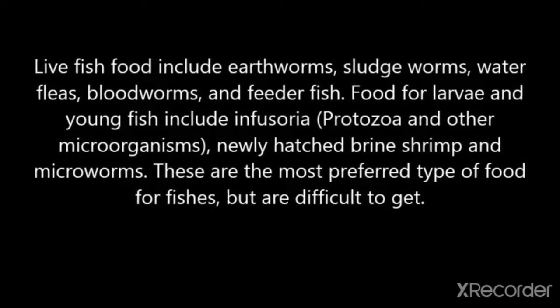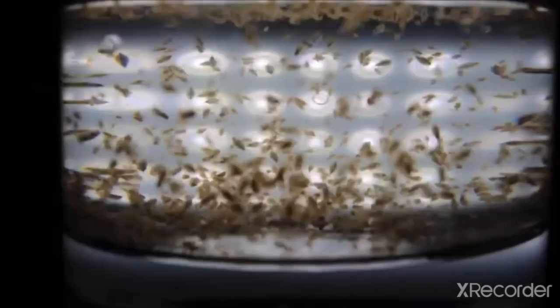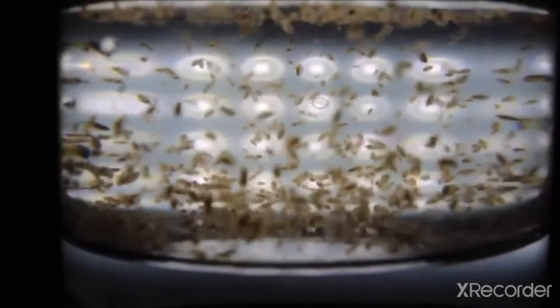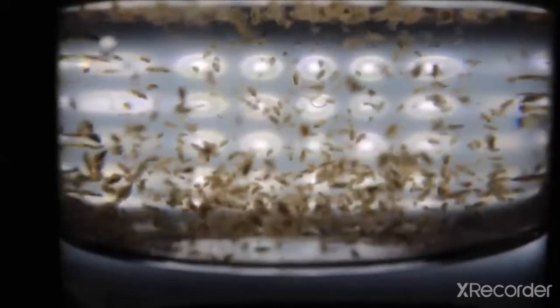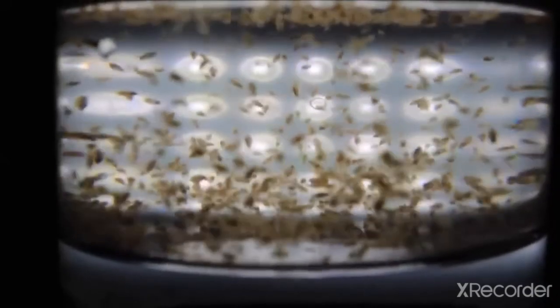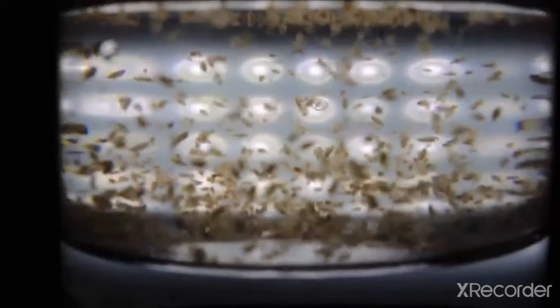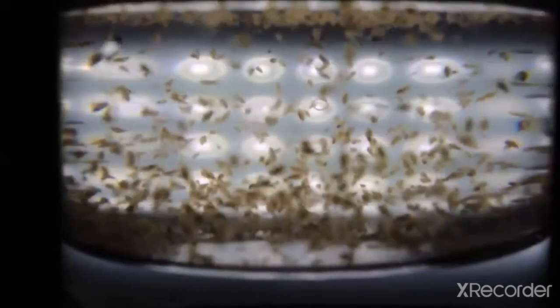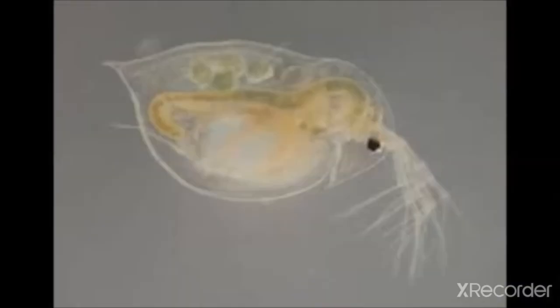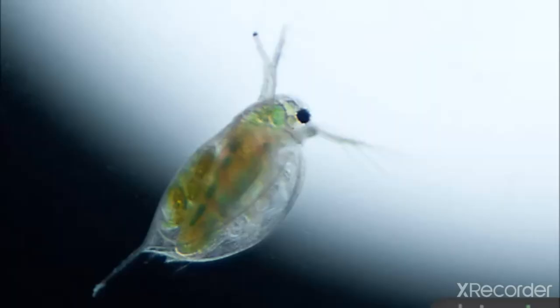Okay, the first one is plankton, the microscopic free-floating organisms of plant and animal origin. They form the choice of food for many aquarium fishes. Plankton food includes algae, daphnia and cyclops. The different species of daphnia are readily available in most freshwater ponds and lakes.